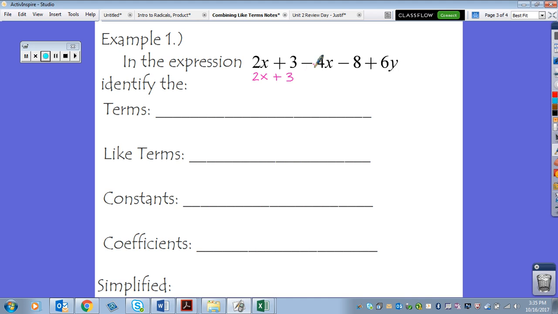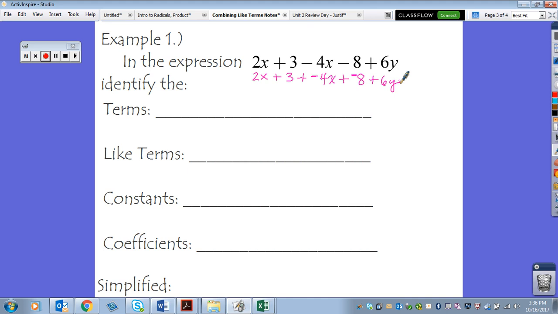I see a subtraction sign here, so we're keeping the 3 before it the same. We're changing this subtraction to an addition and changing the 4x to a negative 4x. I see another subtraction here. So we're keeping the negative 4x the same, changing subtraction to addition, and changing 8 to negative 8. I'm now rewriting the plus 6y because I don't need to keep, change that since it was already addition.